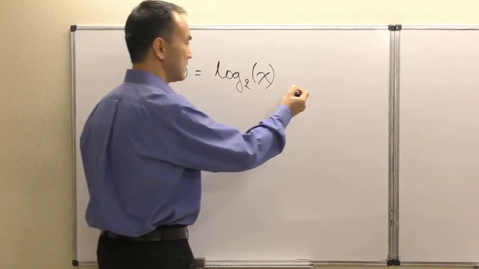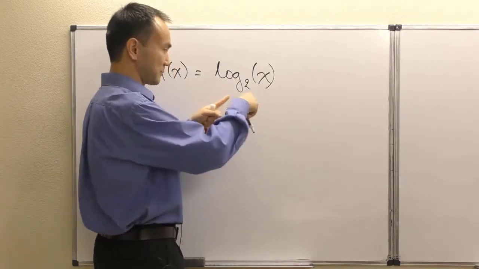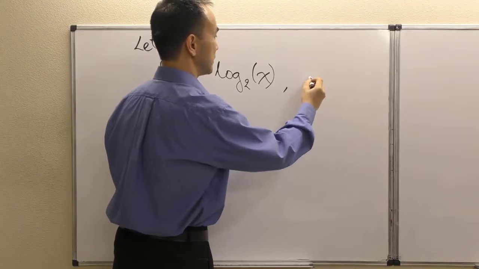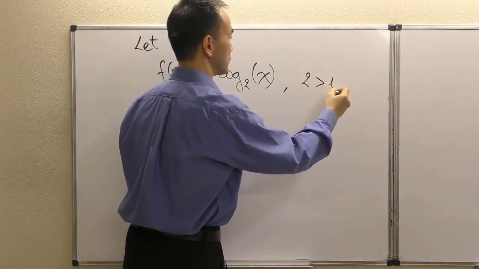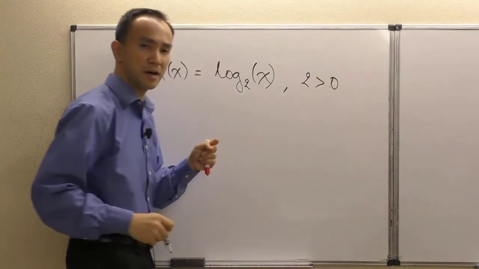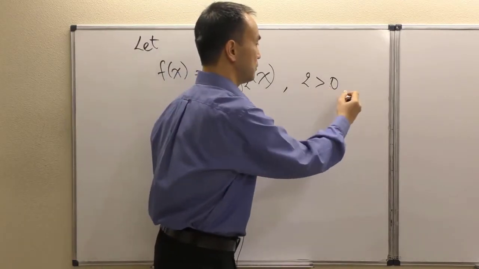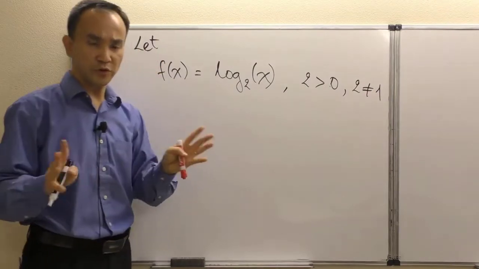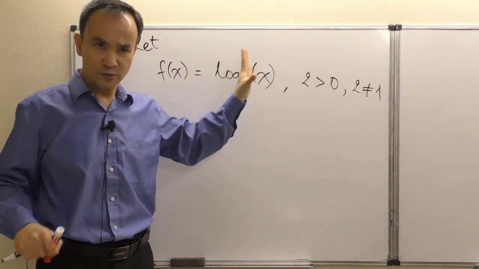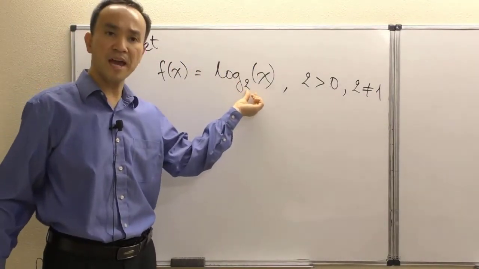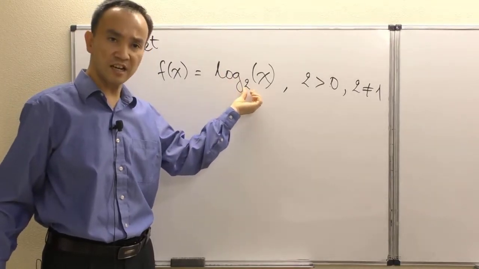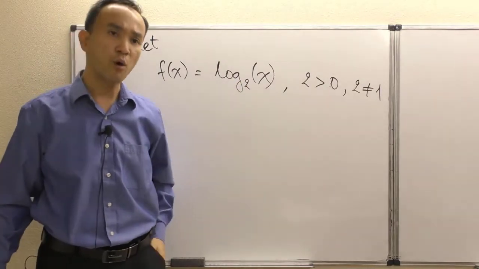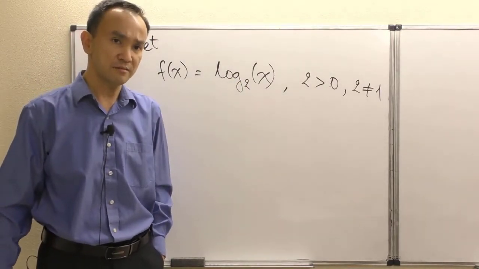It's just a brief reminder: the base here is a positive value, and the base 2 is clearly a value other than 1. As long as I decide on a base to use in my logarithm, that base must have already met all the requirements to be the base of a logarithm operation.